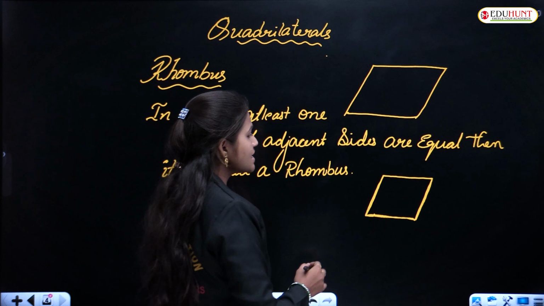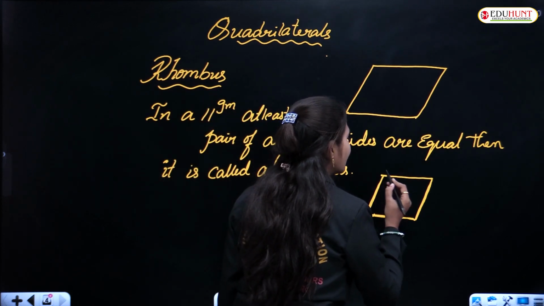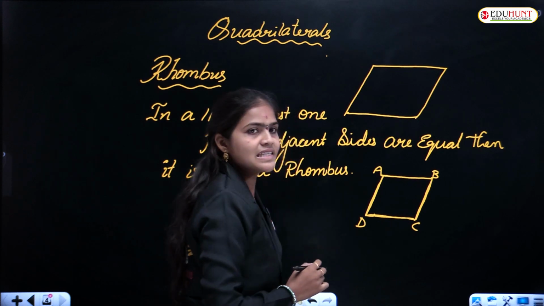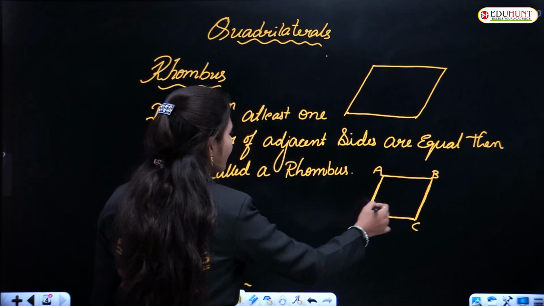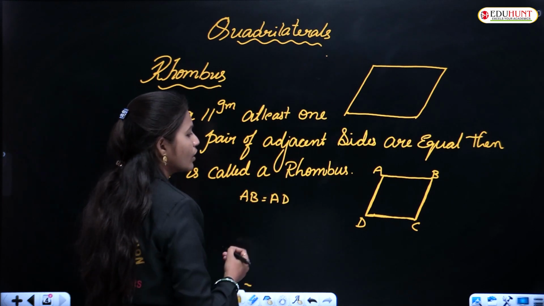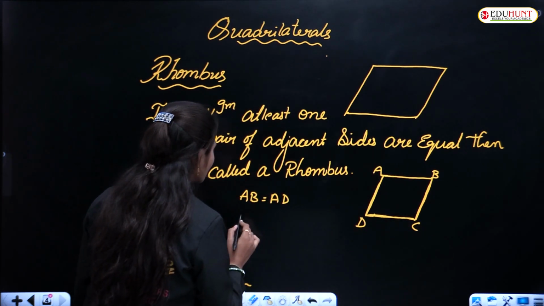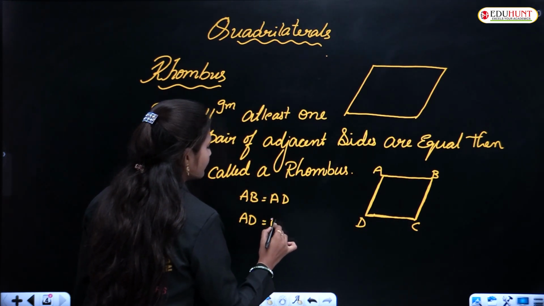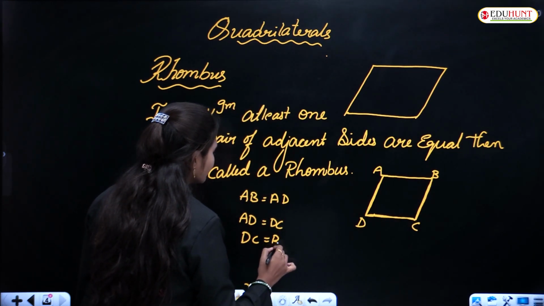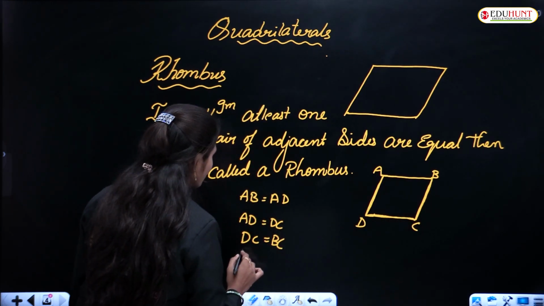Adjacent sides being of equal length means here ABCD is a rhombus. Here we can say that AB is equal to AD, and AD is equal to DC, and DC is equal to BC, and BC is equal to AB.